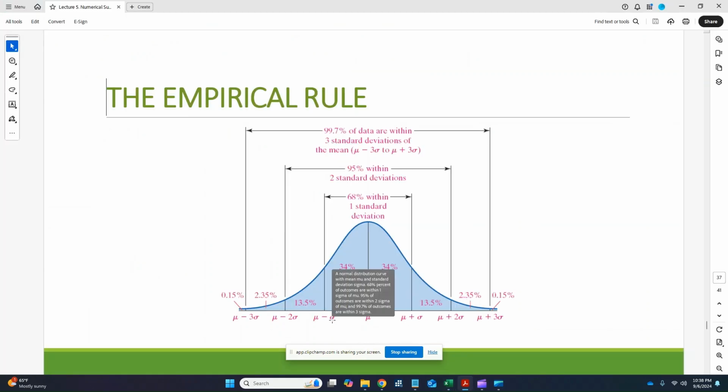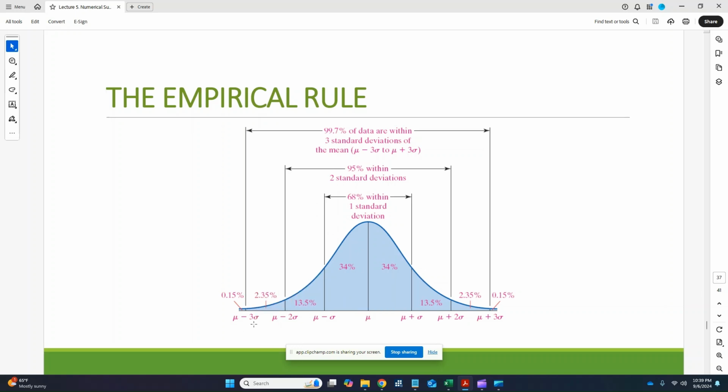So if you add and subtract one standard deviation from the mean, usually that covers 68% of the data variation, so 34, 34, if the data is bell-shaped or normally distributed. If you multiply the standard deviation by 2 and add and subtract from the mean, then usually these two numbers are going to cover 95% of data variation.